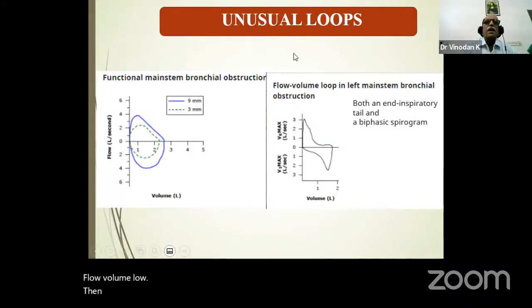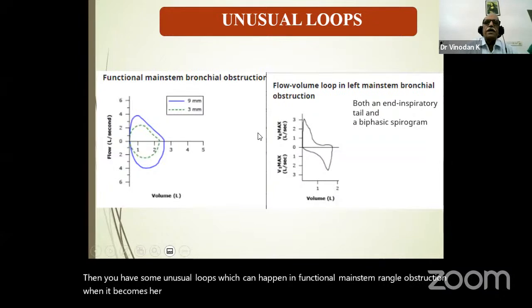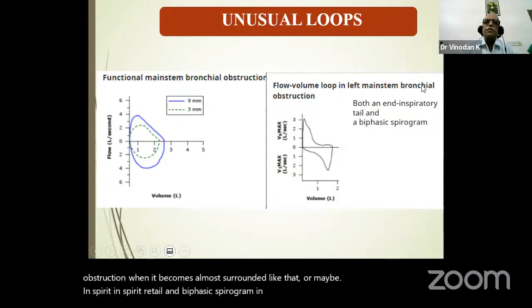Then you have some unusual loops which can happen in functional mainstem bronchial obstruction, when it becomes almost rounded like that, or maybe an end-inspiratory tail and a biphasic spirogram in a left mainstem bronchial obstruction.